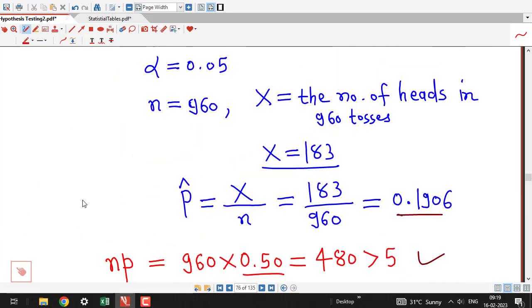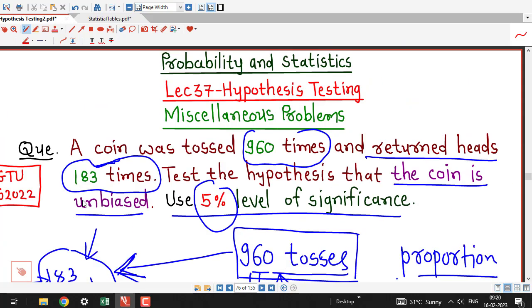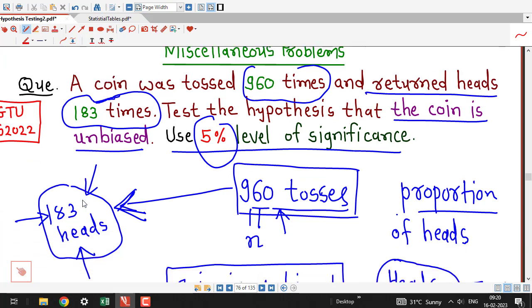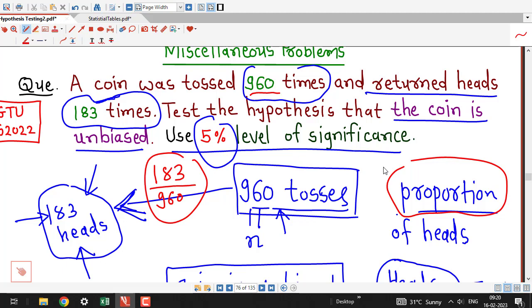So this is a very nice question. All you have to remember is that whenever you have something out of something given, here it is given that we are tossing a coin 960 times and we obtain 183 heads. So 183 heads out of 960 tosses. Whenever you have this type of problem, it might be related to the population proportion.